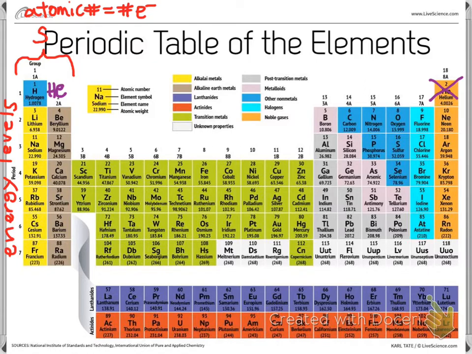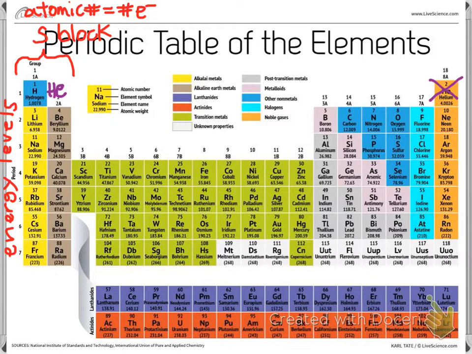So these 2 tall columns on the left-hand side of the periodic table are called the S block. We call them the S block because in the S block, we're putting electrons into S orbitals and the S sublevel. Now remember, the P sublevel has a total of 3 different orbitals, each holding 2 electrons, so that's 6.